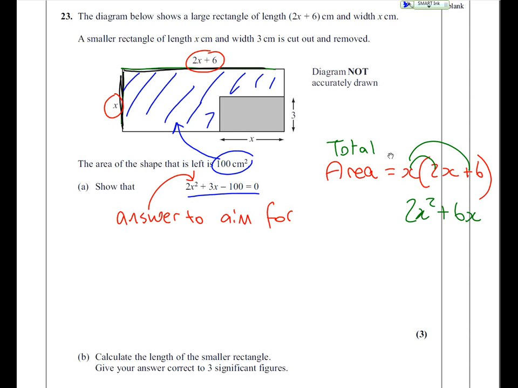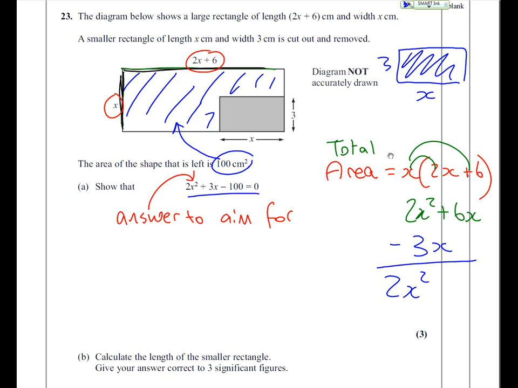Now, unfortunately, we are going to take something away. We're taking this away, which has got an area of the base times the height, because it's a rectangle. X times 3, 3x. So that gives us 2x squared. We combine our 6x minus 3x plus 3x. And now, that is the area that is left.